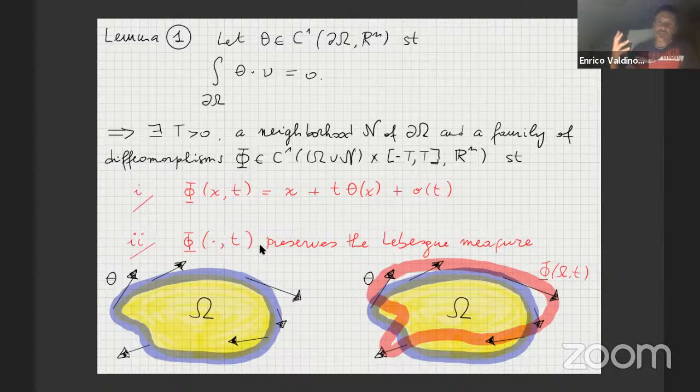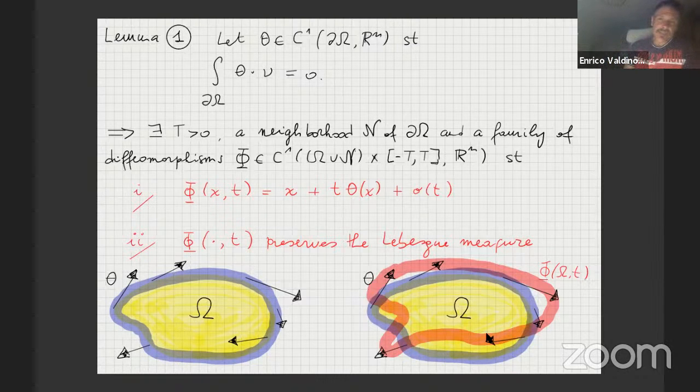Intuitively, it's clear that you expect something like this, because if theta is zero flux, points here are pushed a bit outside, this point is pushed outside, but this point is pushed a lot inside. So from this picture, you see that whatever you lose because you go outside, you gain because you go inside, and vice versa. This is what you expect from a zero flux vector field.